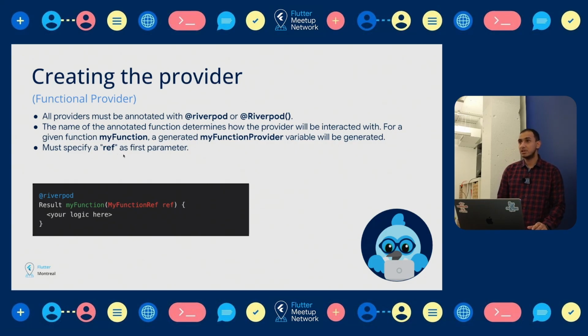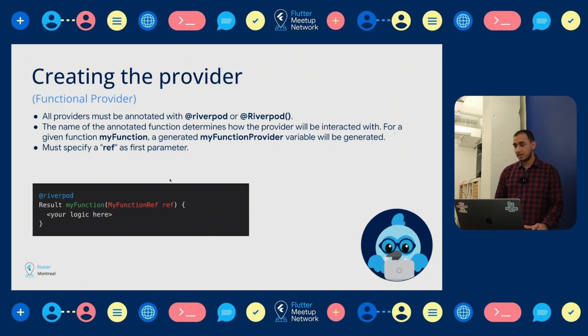Ref is basically an object we use to call other providers as well, and we will use it in our UI as well, where we will call the .read function or .watch, .listen, and we will learn about those further in the slides.